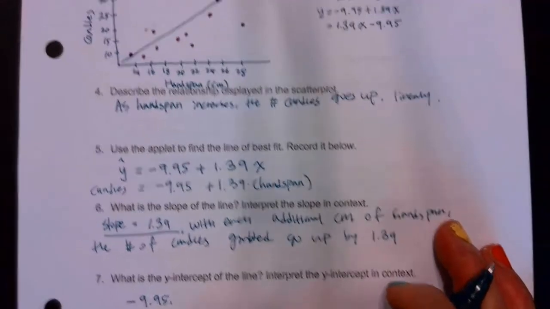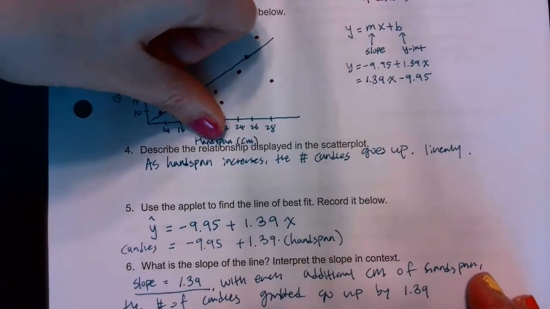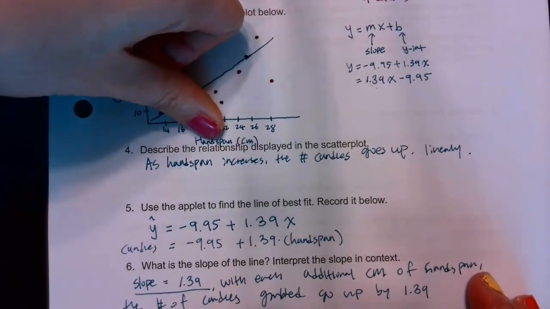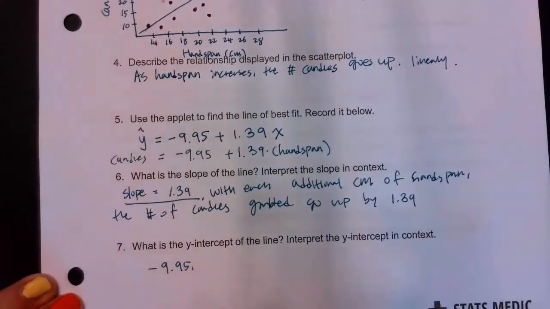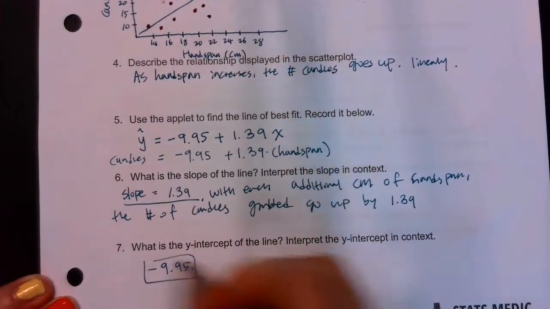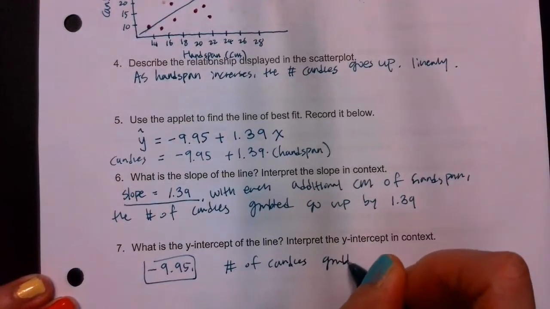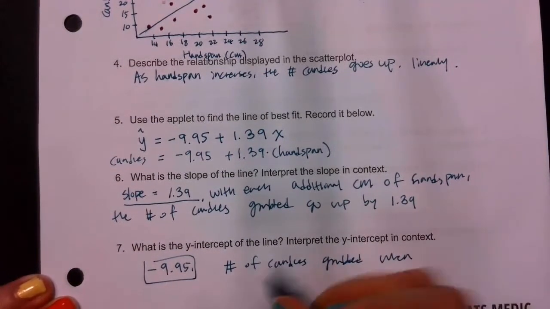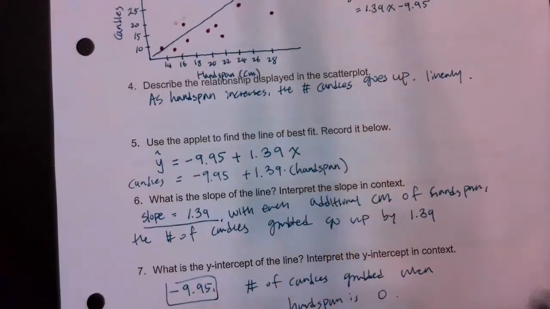In other words, the number of candies when handspan is 0. But folks, can you have 0 centimeter of the handspan? No, so really that's just a useless data for here. But what does that mean again? That means number of candies grabbed when handspan is 0. Cool? Okay.